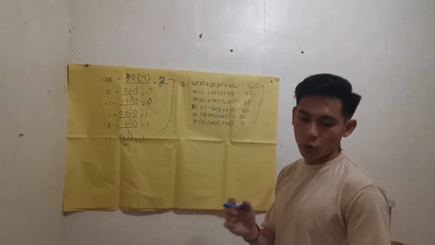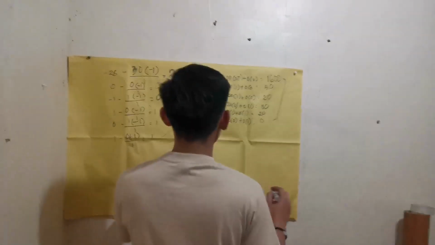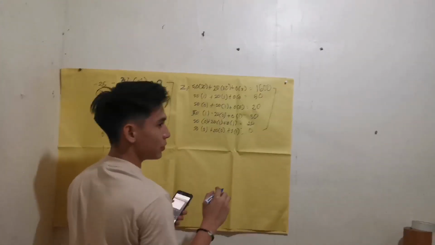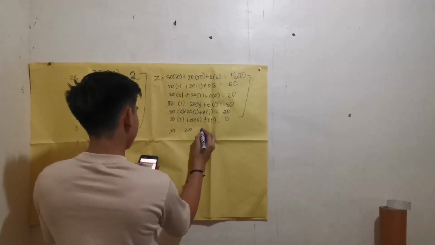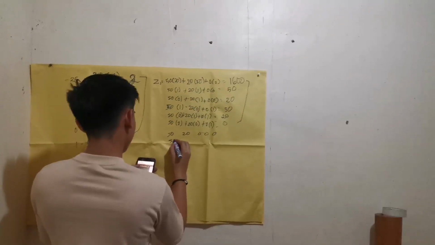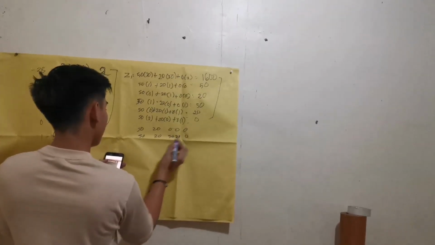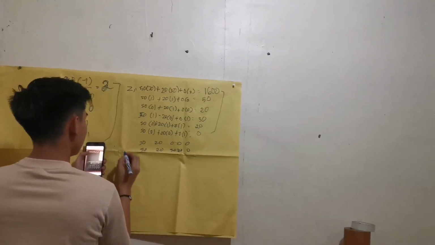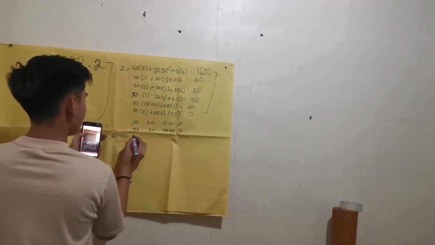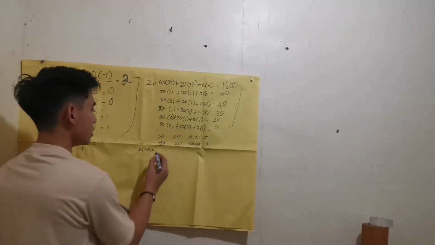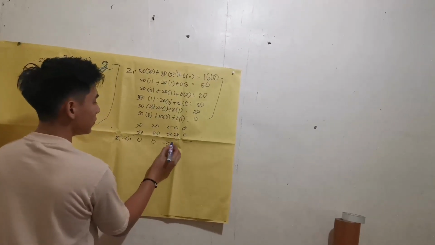And then yung other row is C sub j minus Z sub j. In order to get that, minus lang natin yung C sub j from the Z sub j. 50 minus 50 is 0. 20 minus 20 is 0. 0 minus 50 is negative 50.